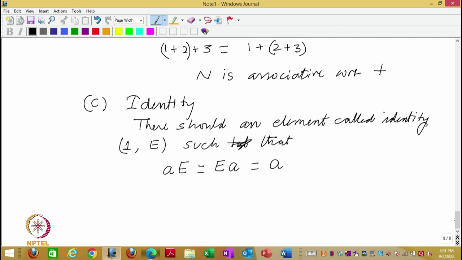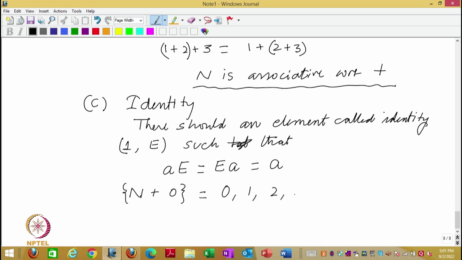So, do the natural numbers have the identity element with plus? What do you require for that? 0. So, what is that called? Natural numbers plus 0, the whole numbers, whatever that is called. This will have 0, 1, 2 and everything up to infinity.